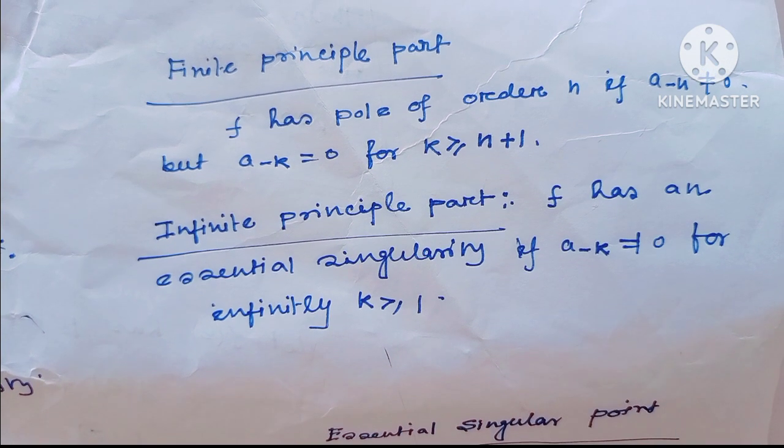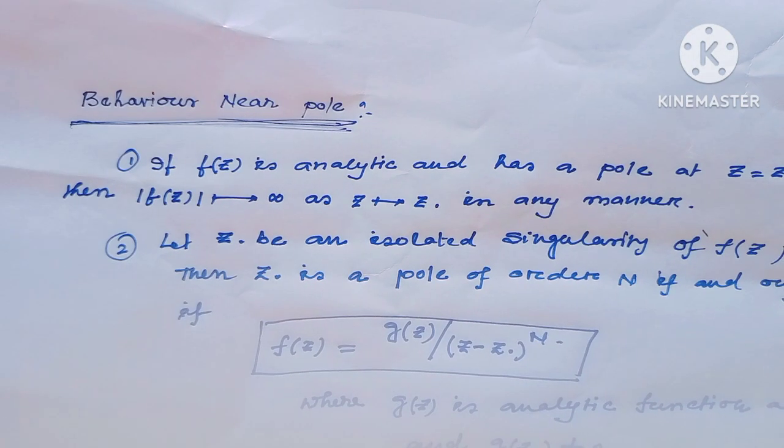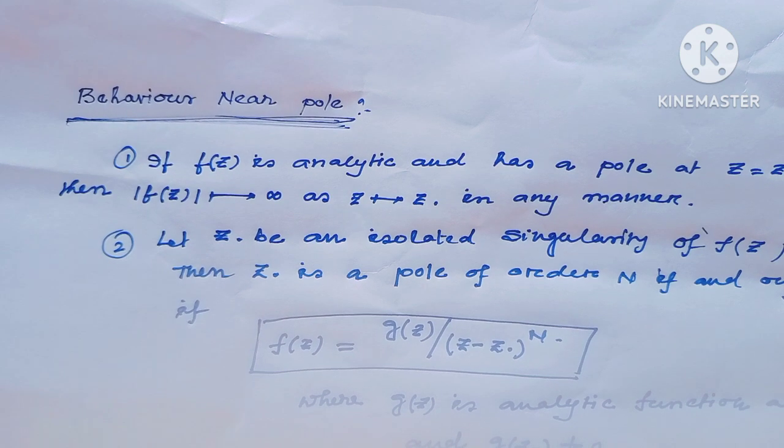Also in my previous video I had seen the behavior of singularity near a pole. If f(z) is analytic and has a pole at z equal to z0, then modulus of f(z) always tends to infinity as z tends to z0.